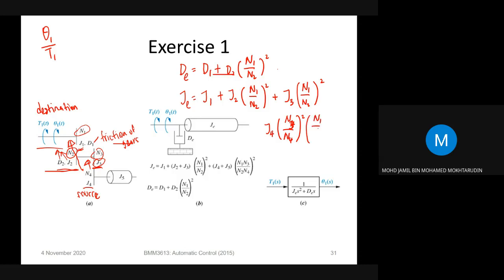So N1 over N2 squared. Two times multiply. So plus J5, same with J5, N3 over N4 squared times N1 over N2 squared. And then from here you can draw the free body diagram, find the equation of motion, and then find the transfer function theta 1 over T1.